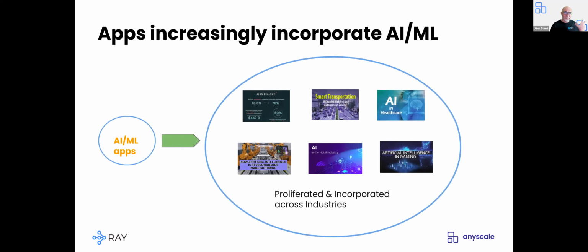And just to give you a high-level view, we know that AI applications across industries have really pervaded. These applications, where people build models, require a fair amount of compute time, right? From AI in finance, where you write trading systems, to anomaly detection and fraud detection, to smart transportation with computer vision.